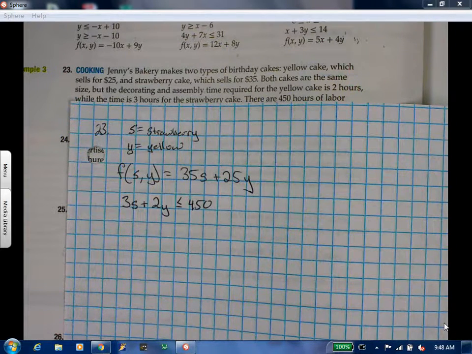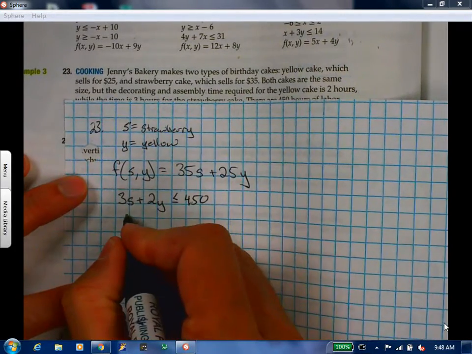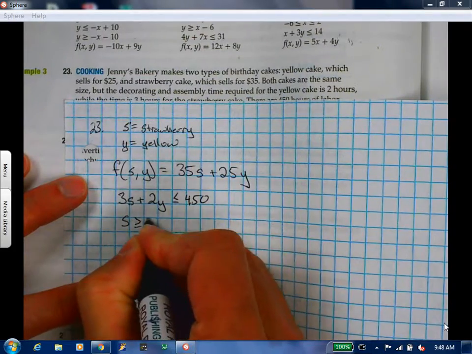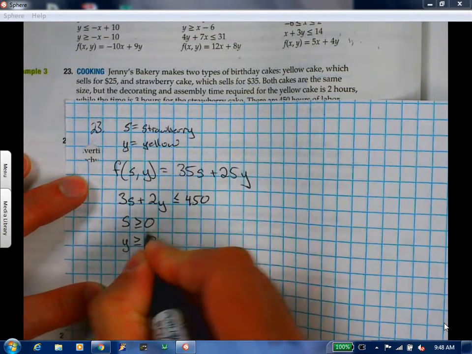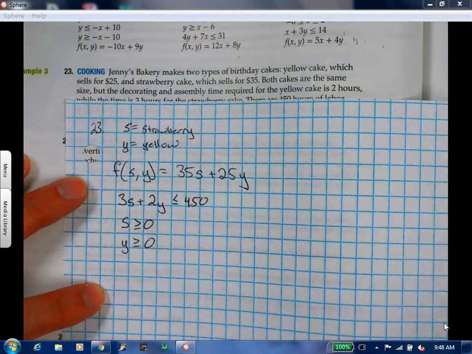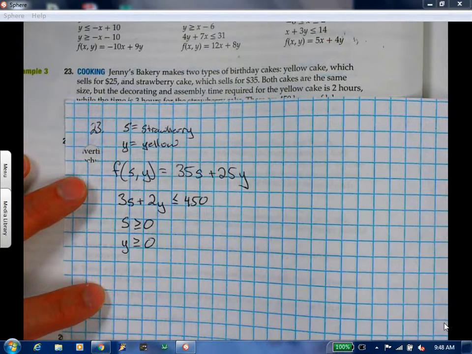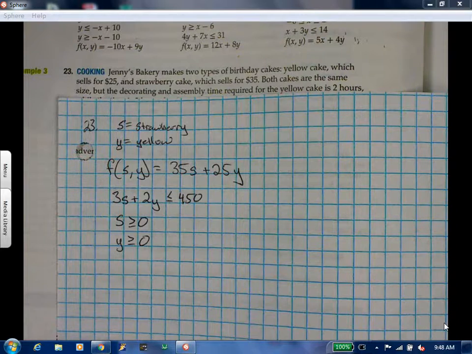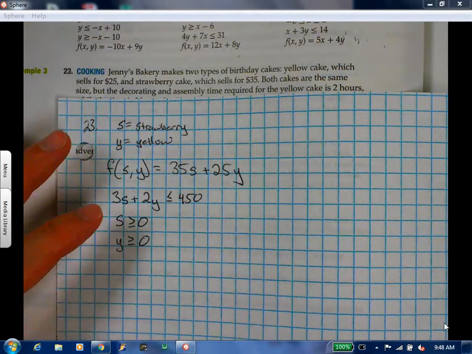Can you have negative strawberry cakes? Can you have negative yellow cakes? No. So the other inequalities here are S has to be greater than or equal to 0. Y has to be greater than or equal to 0. So we're ready to graph.